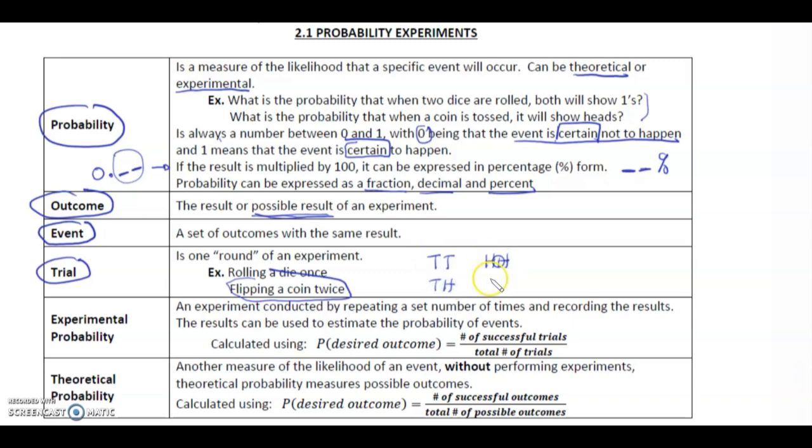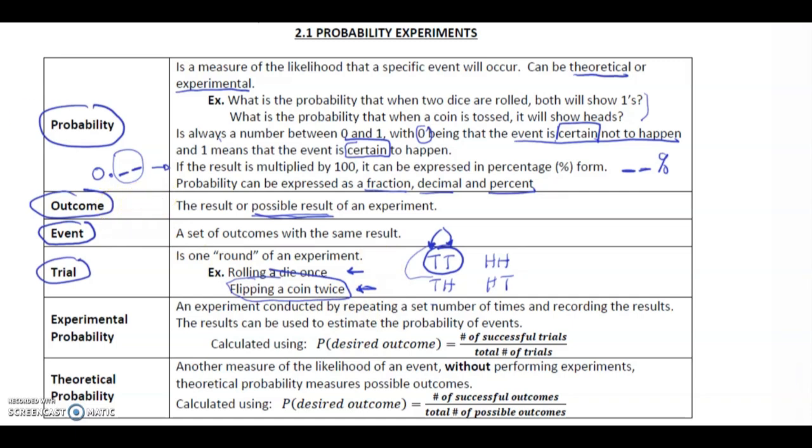Heads and then heads or heads and then tails, right? But this combination of what we get for the first outcome and what we get for the second outcome would be still one trial because it depends on what we're actually talking about. In this case, we were talking about like flipping a coin twice. Twice would be one trial.